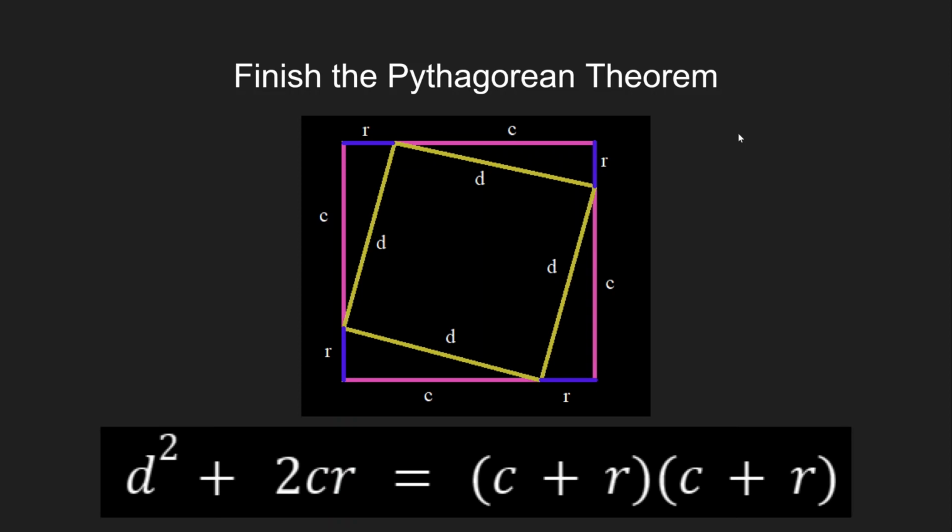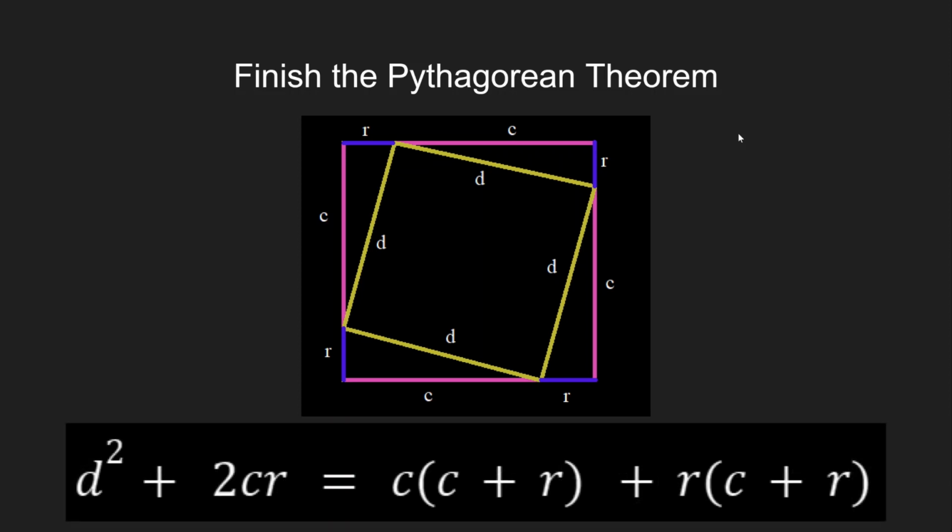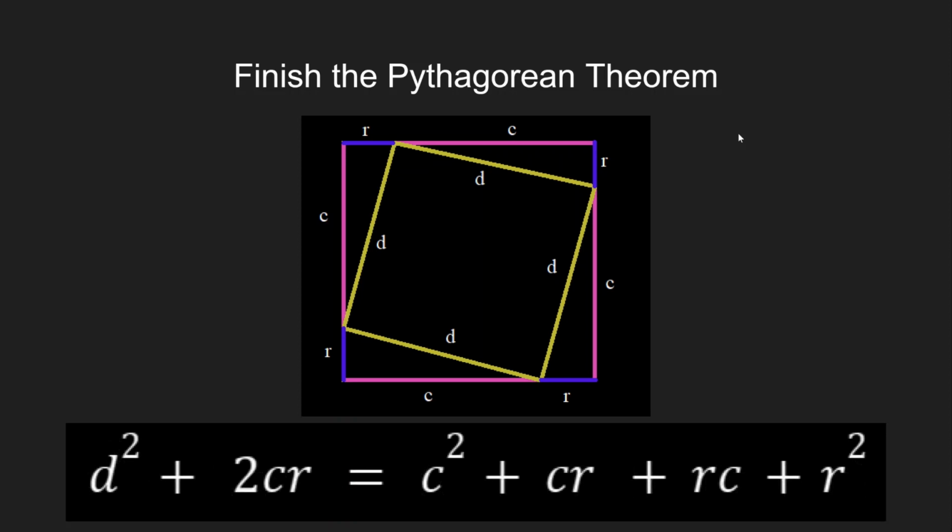Here, we can distribute the C to C plus R and the R to C plus R. Furthermore, we can distribute out the C to C and the C to R and the R to C and the R to R. But here we have CR plus RC, and those two quantities are equal, so we can just add them together.